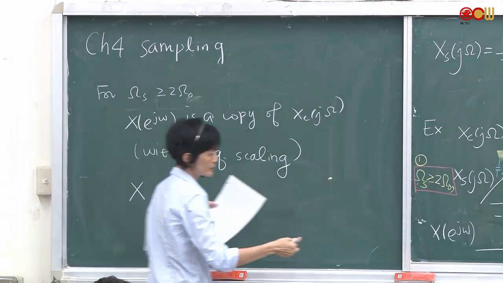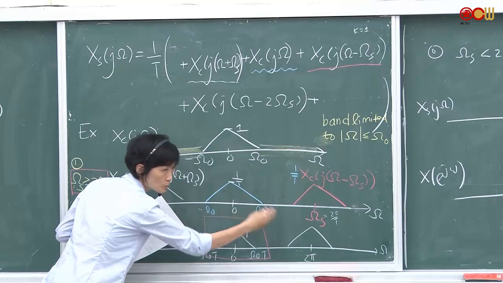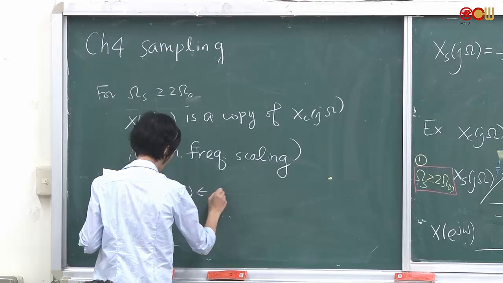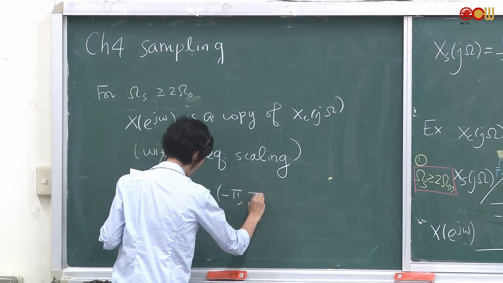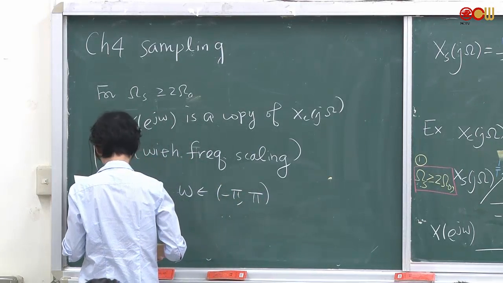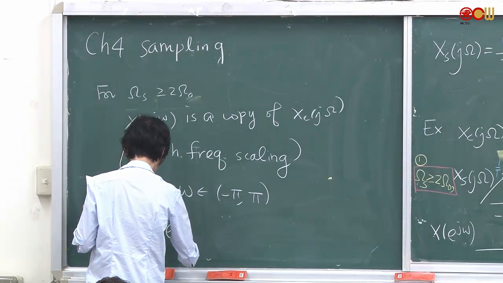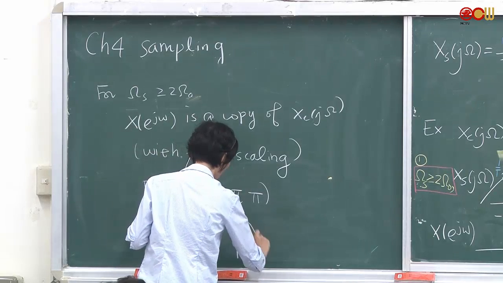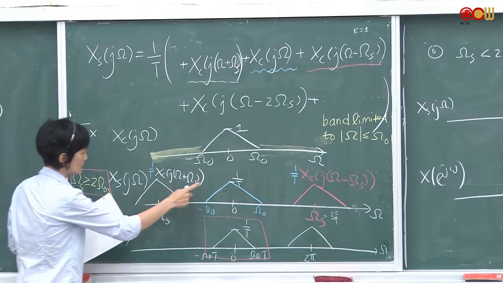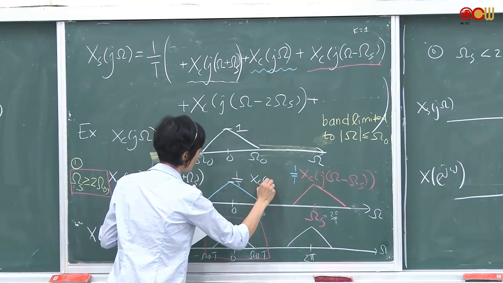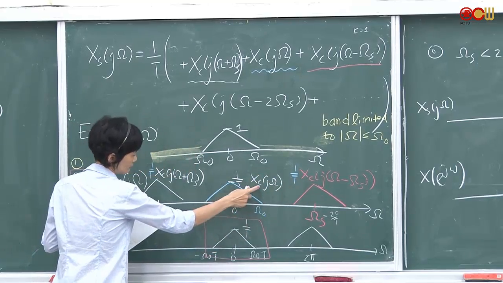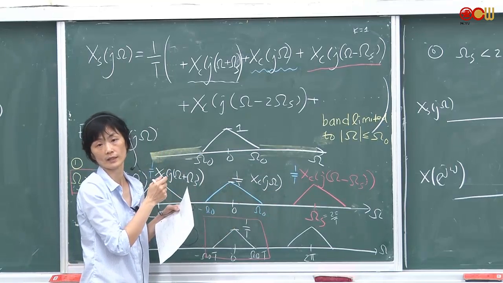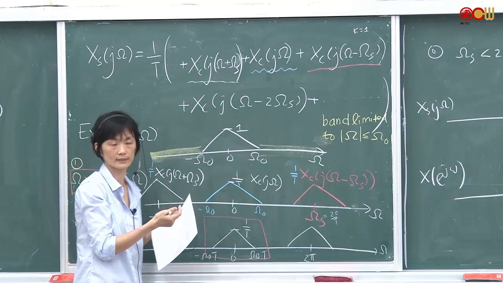And if we just look at a 2 pi period from minus pi to pi, X(e^j omega) is simply a frequency scaled version of Xc(j omega).